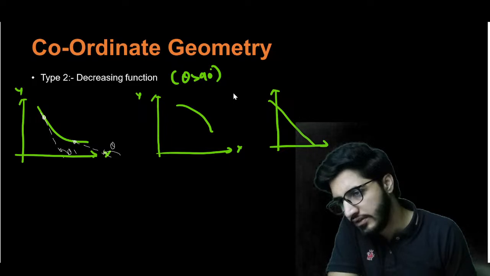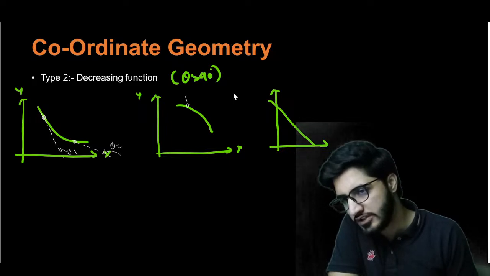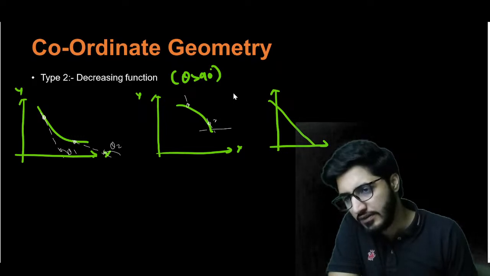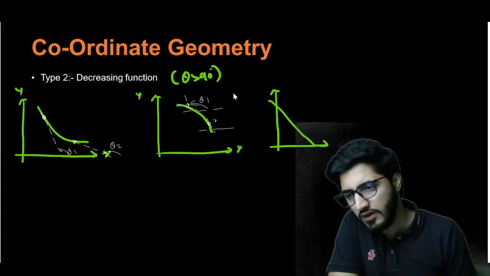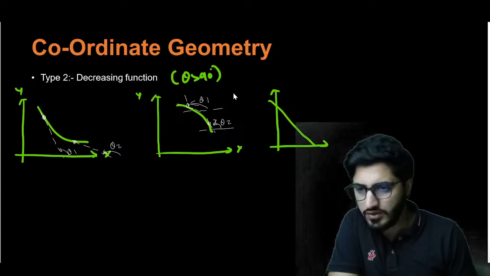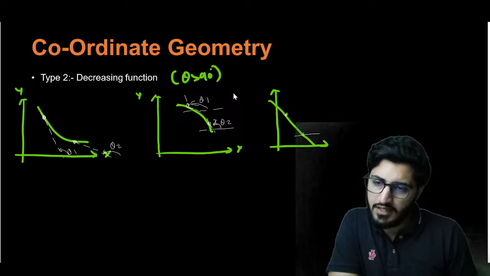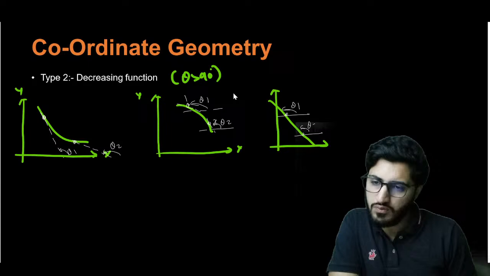Theta 1, theta 2. First point, second point. Make a tangent. Theta 1, theta 2. Also here, make a tangent. Theta 1, theta 2.